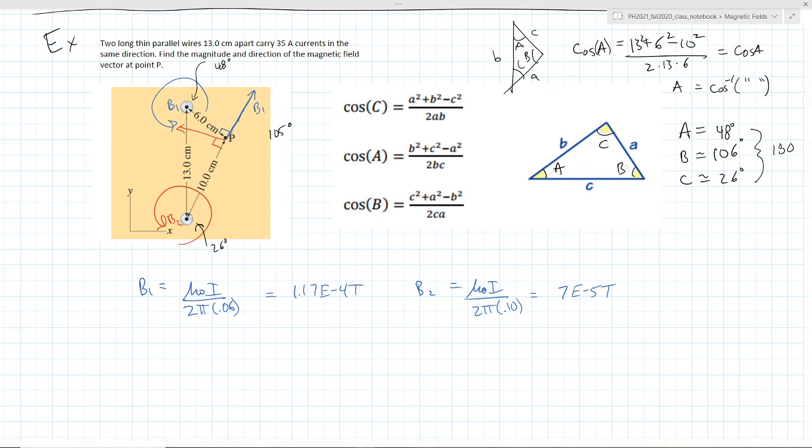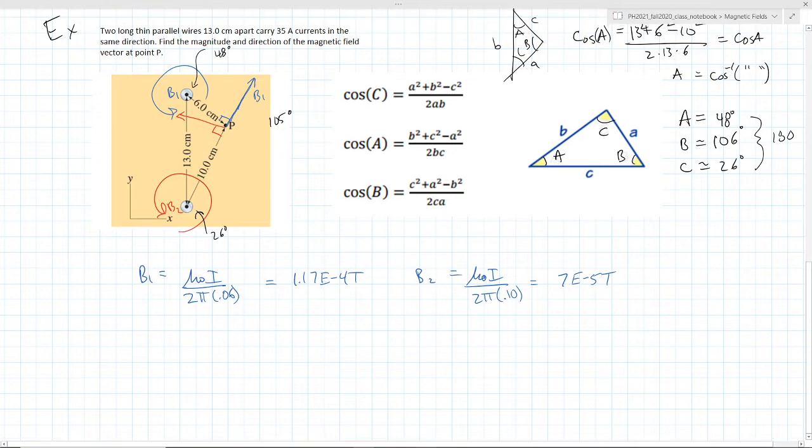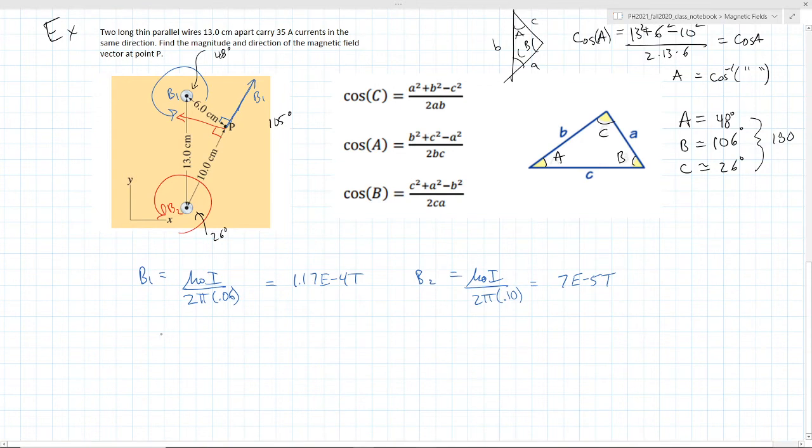And then let's look at the two pieces separately here. So for B1, we have basically this. If this is our theta equals 48 degrees or whatever, we know that the magnetic field is off at an angle like this.